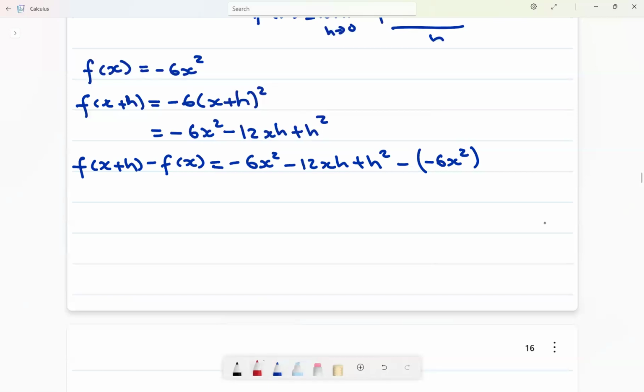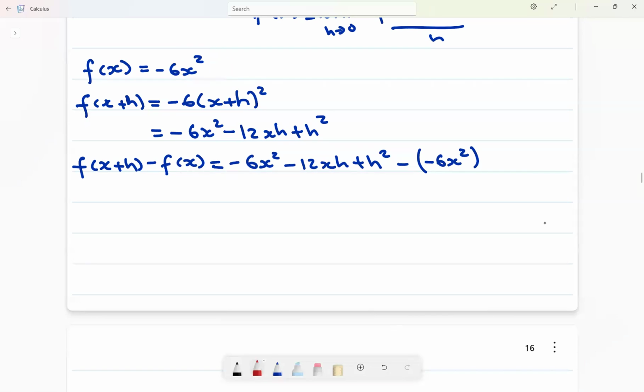Okay, and what I always tell my students, you're going to forgive me, is that if you reach this point where you have f of x plus h minus f of x, when subtracting these two functions, something with an x squared should not appear.